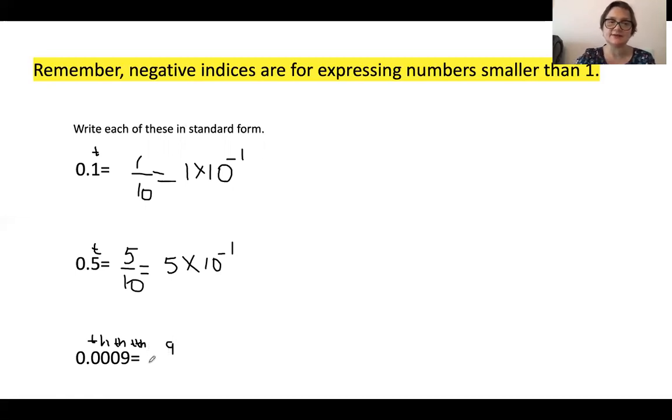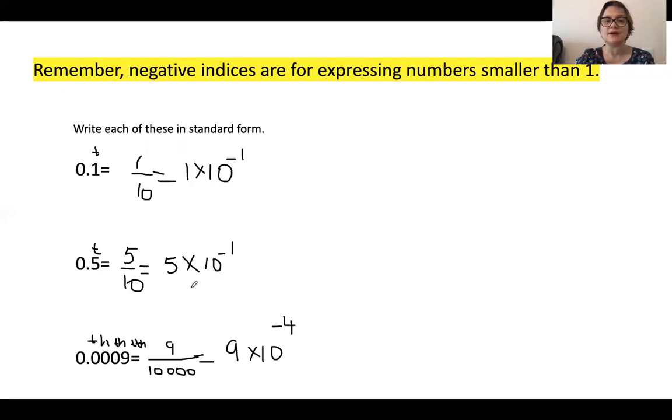There you go, 9 over 10 thousandths. And this fraction can be written as 9 times 10 to the power of 1, 2, 3, 4. So to the power of minus 4, right?